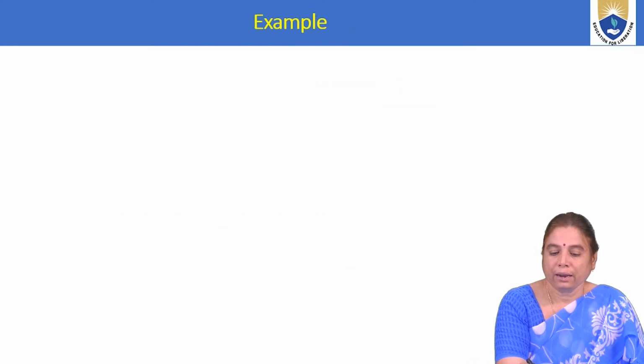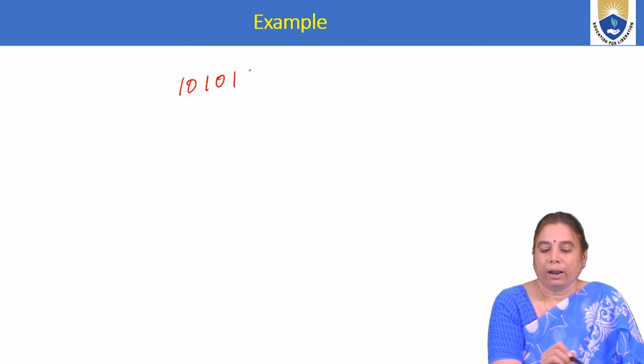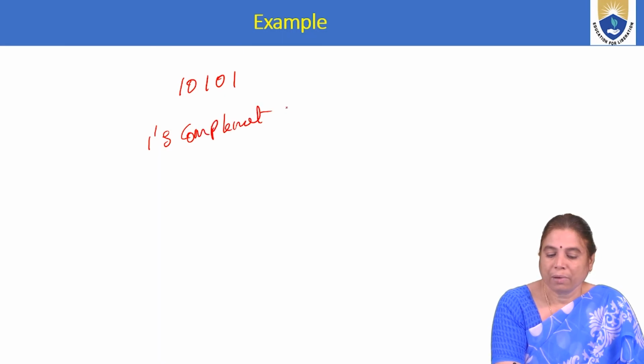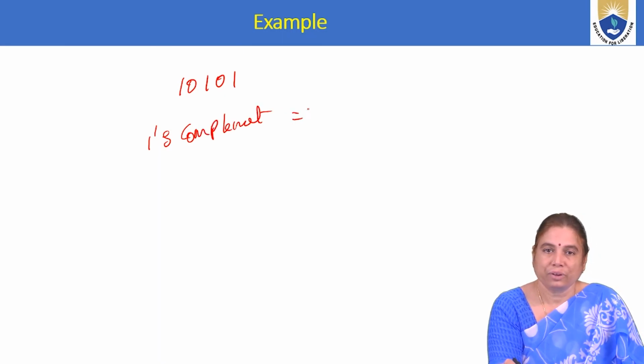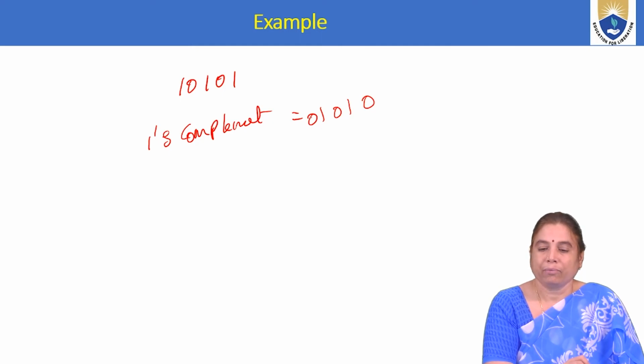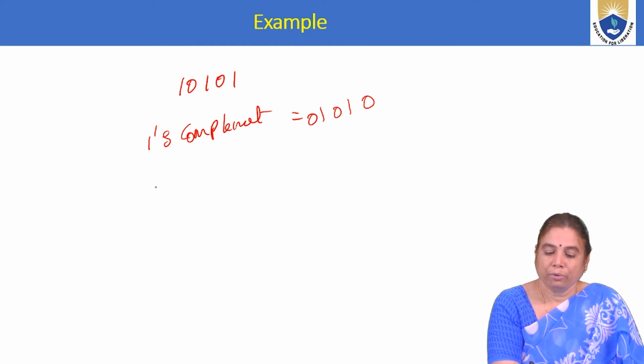Take a binary number here. What is the 1's complement of this number? By interchanging 1 as 0 and 0 as 1, 0, 1, 0, 1, 0 is the 1's complement of the number. And how do we get the 2's complement?